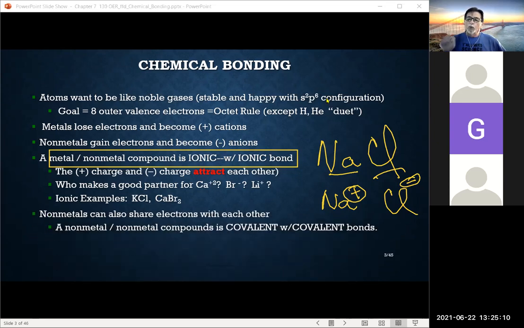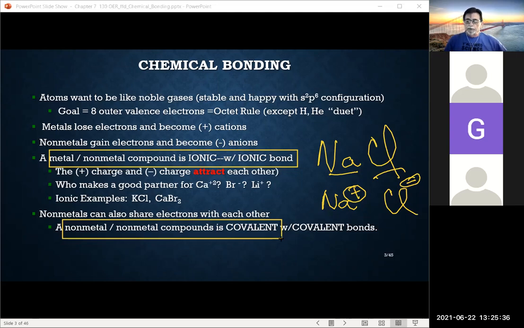Now, when you have nonmetals come together, you have what are called covalent bonds, which in essence are covalent compounds. Nonmetals. That's the key part right here.